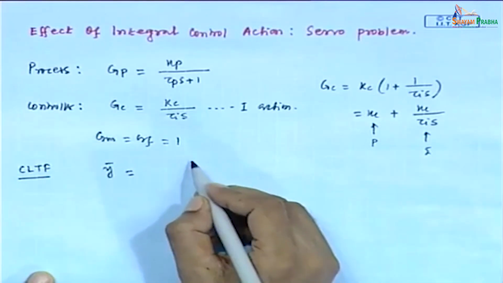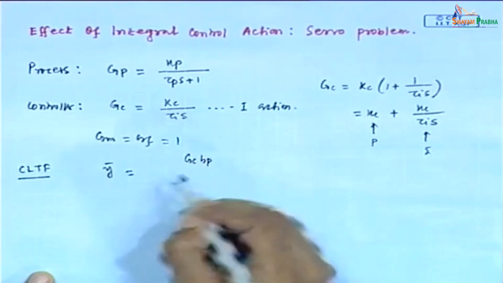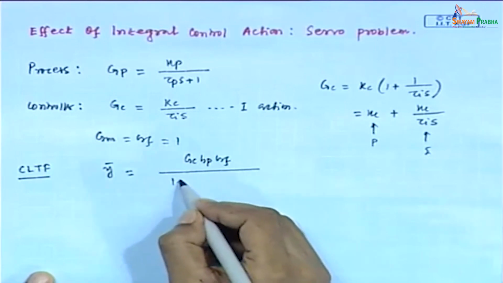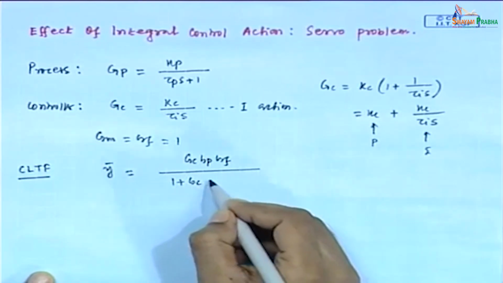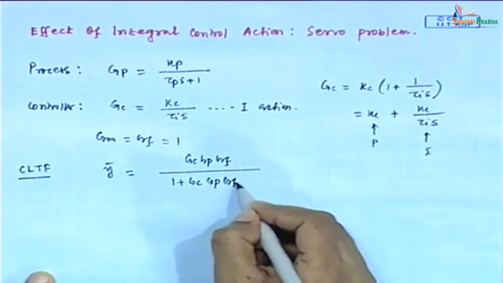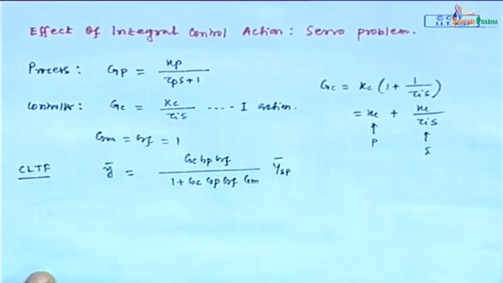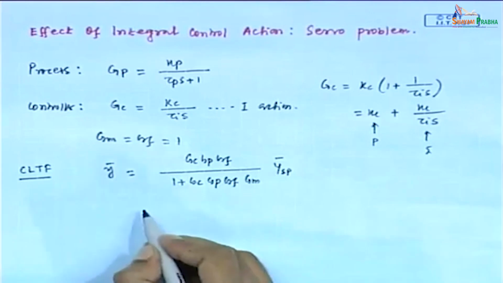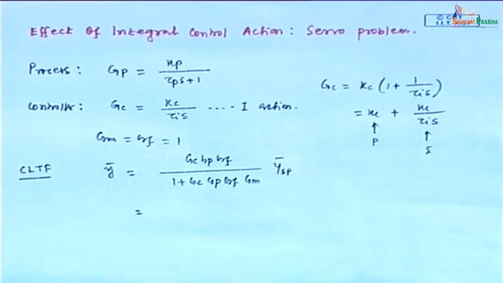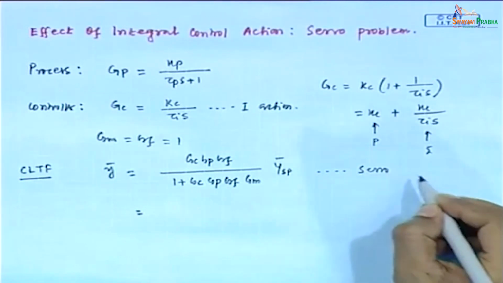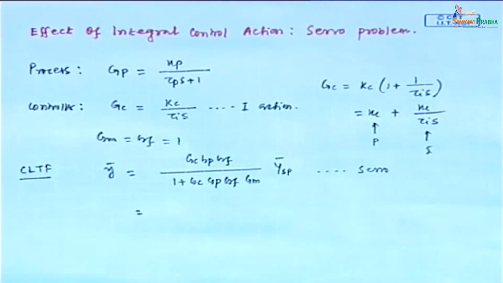The general form is Gc y bar equals Gc Gp Gf divided by 1 plus Gc Gp Gf Gm, times y set point bar. Now, we will substitute the individual transfer functions in this closed loop transfer function for the case of servo problem.